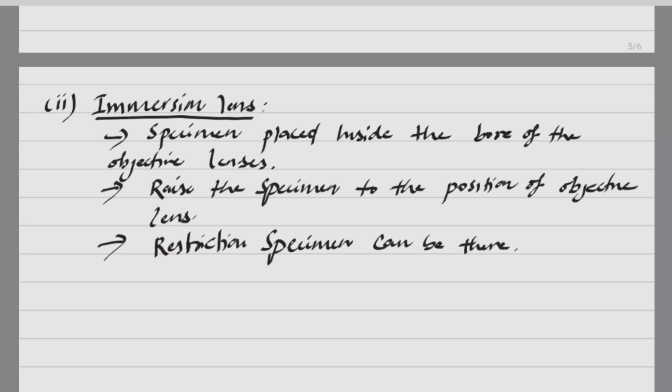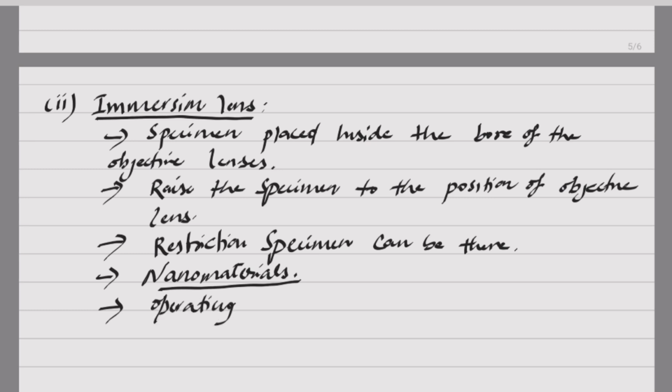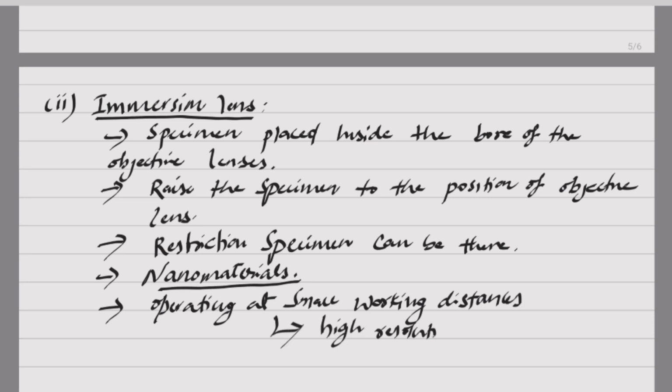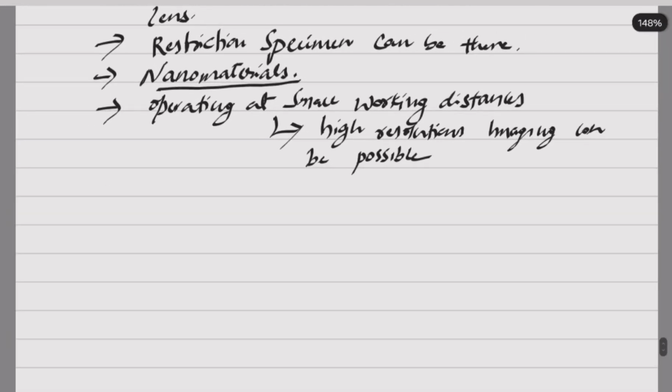Usually this type of lens is used for nanomaterials, operating at a small working distance, so high resolution imaging is possible.